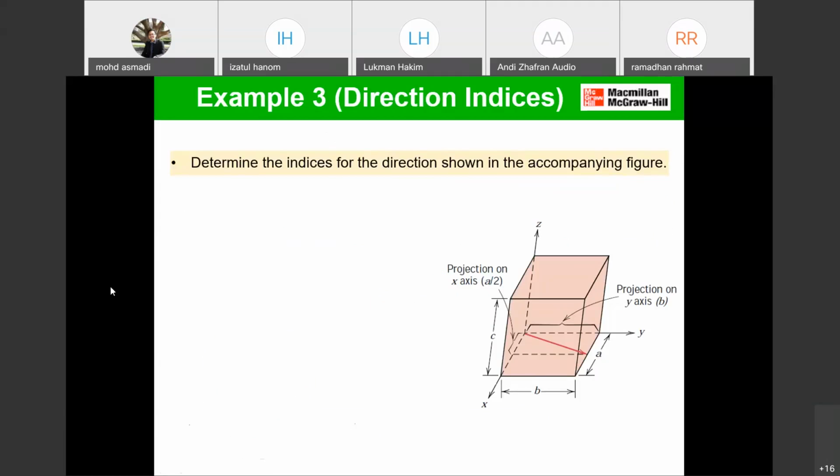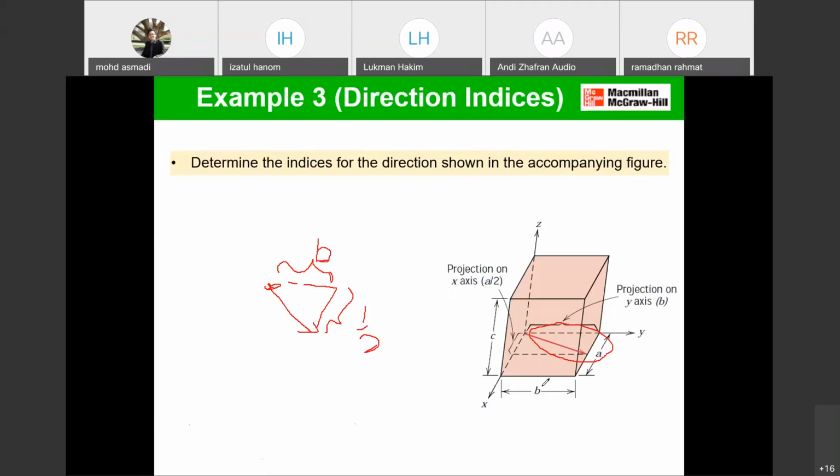If I sketch here, I just take this one, from that one to this one. So this one is half. What else? This one is 100%.